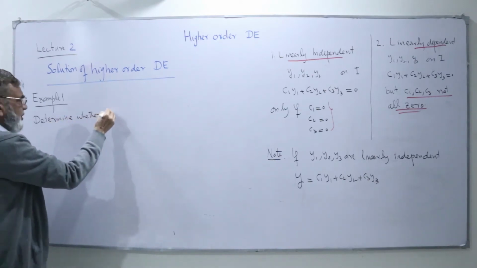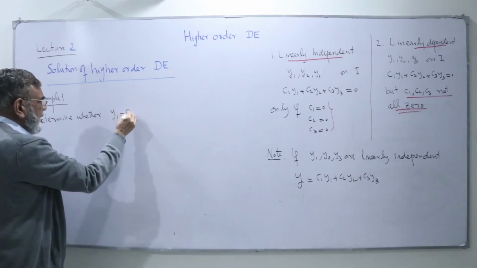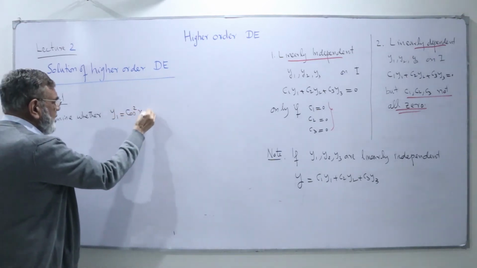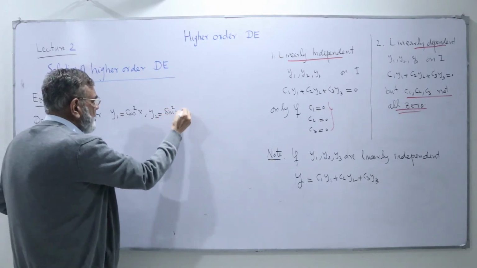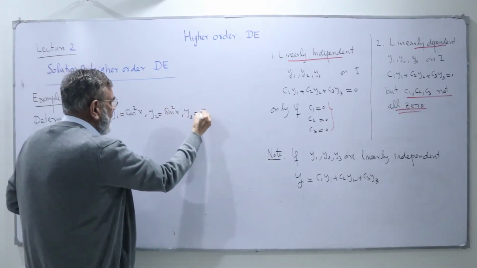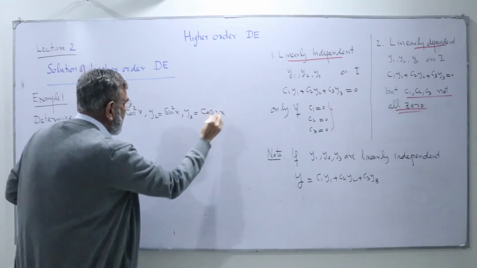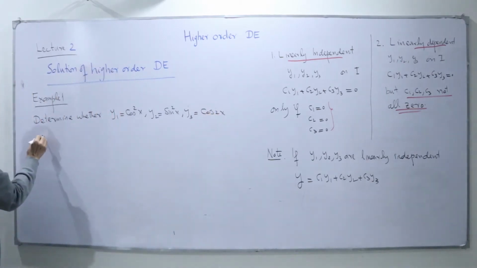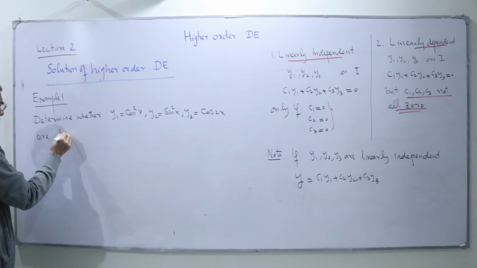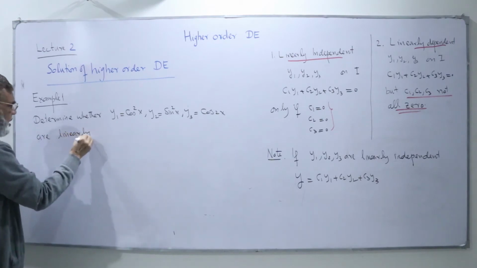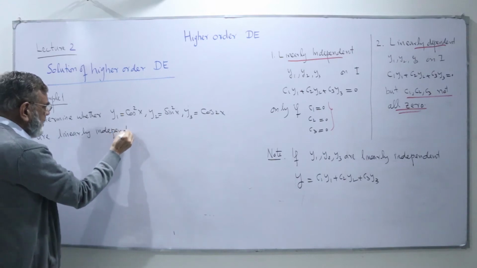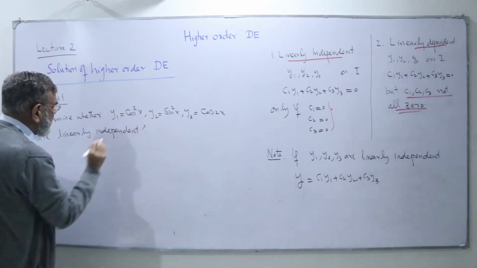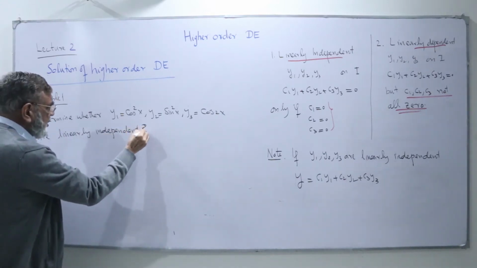the functions y1 is equal to cosine square x, y2 is equal to sine square x, and y3 is equal to cosine 2x are linearly independent. It may be linearly independent, it may not be.